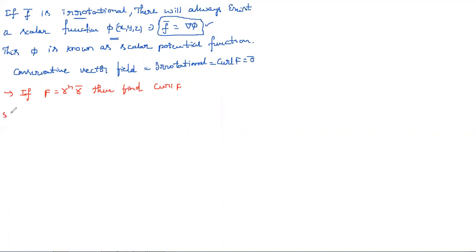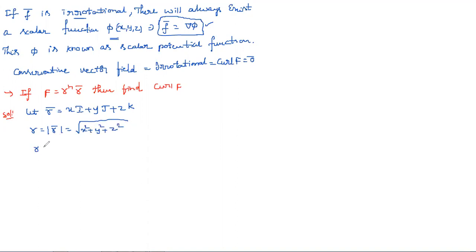So here, if in the problem r bar or r is there, you need to remember all the things we require. So let r bar is equal to xi plus yj plus zk be a position vector, and r is equal to modulus of r bar, magnitude, which is square root of x square plus y square plus z square.